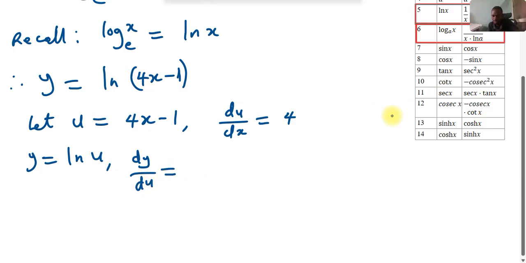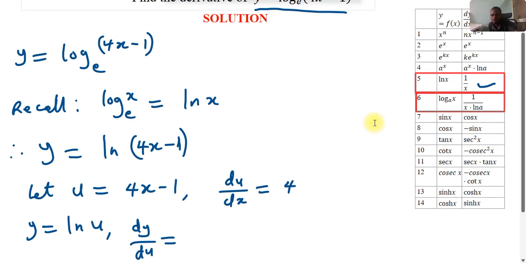Now if you go back to that table, you see what the outcome will look like. Look at this. We have ln x, the derivative is 1 over x. Then we have ln u, the derivative will also be 1 over u.